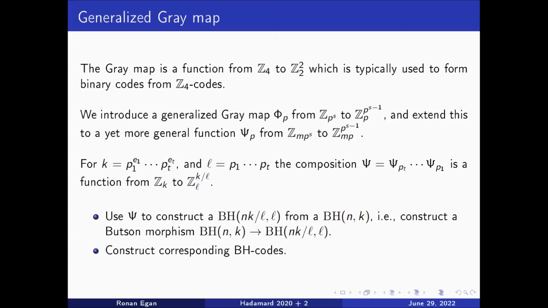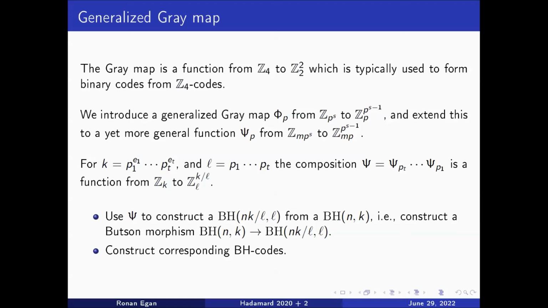So the benefit of doing this, if you're just interested in Butson matrices, you don't really care about the codes, is that assuming that my k is divisible by a product of primes, of course it is, if any of those primes have multiplicity more than 1 in here, what I can do with this map is just get rid of it, effectively.